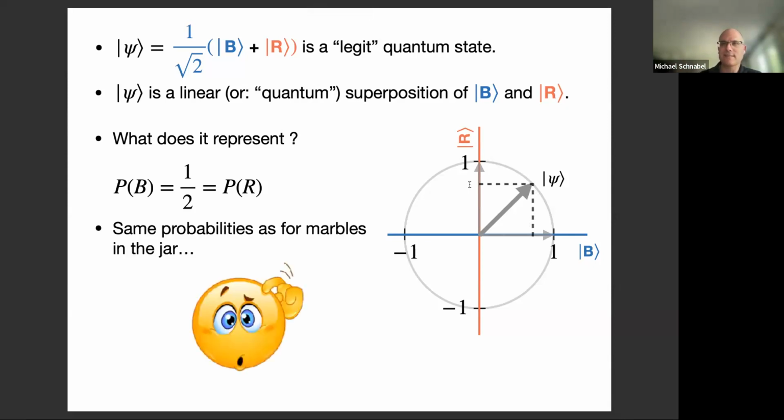So in a sense, this quantum superposition has exactly the same statistics as the marbles in the jar. Before, I told you, yeah, but it's something else. So that's something we need to understand here. And once we understand this, we will understand Schrödinger's cat. Is it clear?